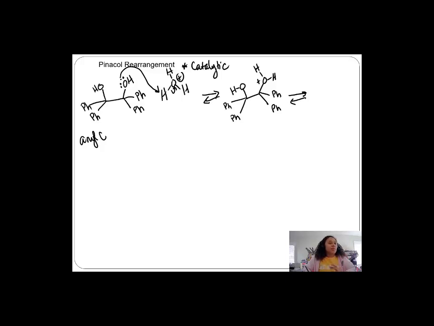So my leaving group can leave, but it isn't more or less stable than staying on there and just going back to what it was originally. What's going to drive this mechanism, which we'll see later, is our product. So a question you should ask yourself in my next couple of steps is why does this even happen?